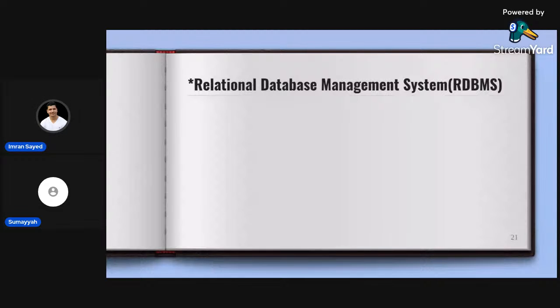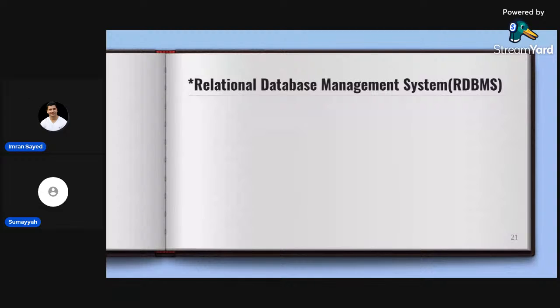Good. So the relational database management system is based on the relational model invented by E.F. Codd, and examples are MySQL, MS SQL Server, IBM DB2, all of these. And in RDBMS, there are tables. It's based on the concept of tables, which contain rows and columns.